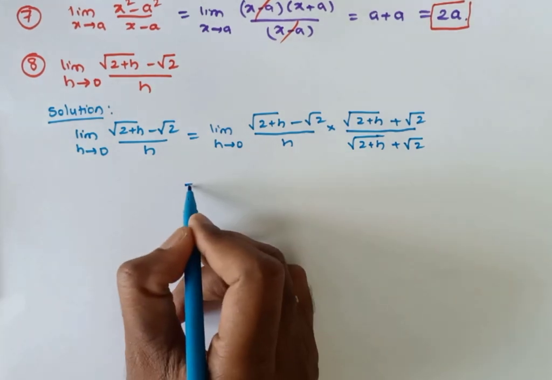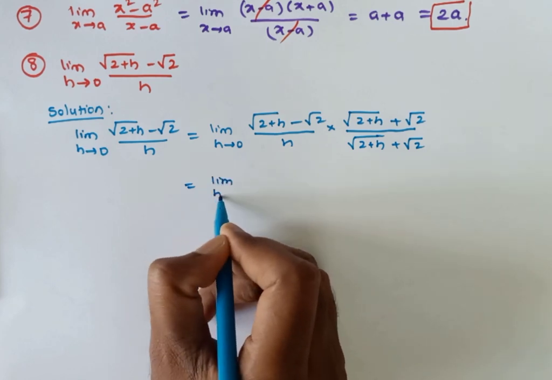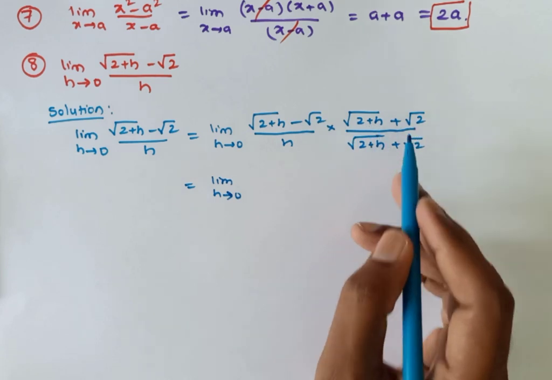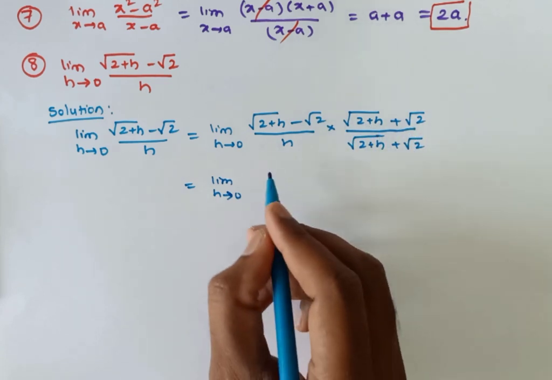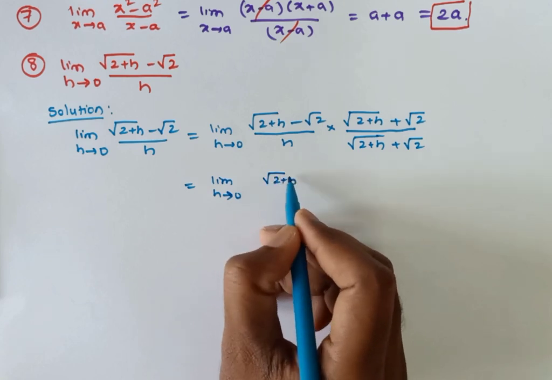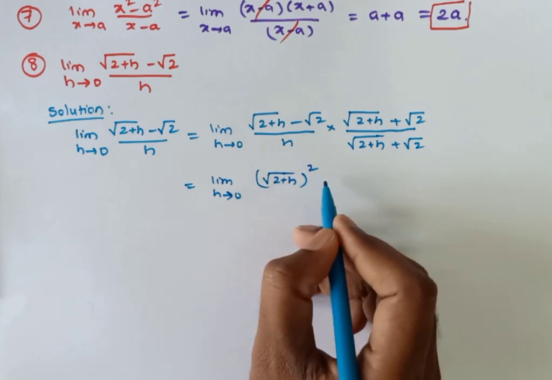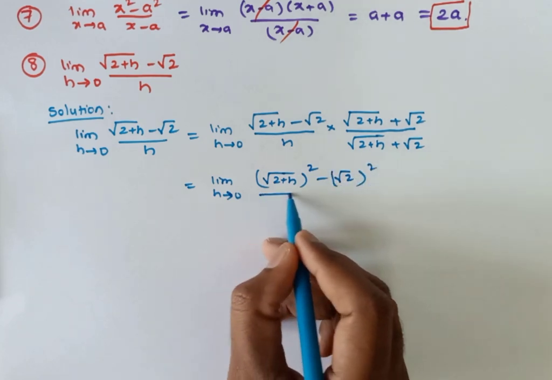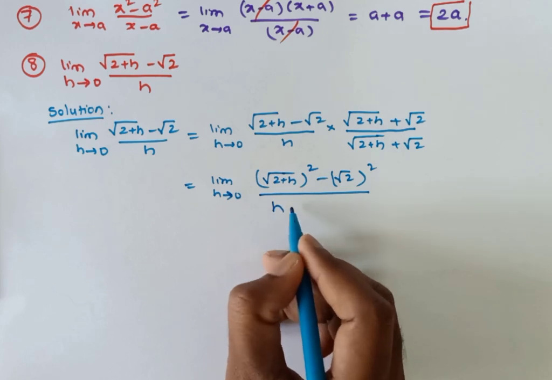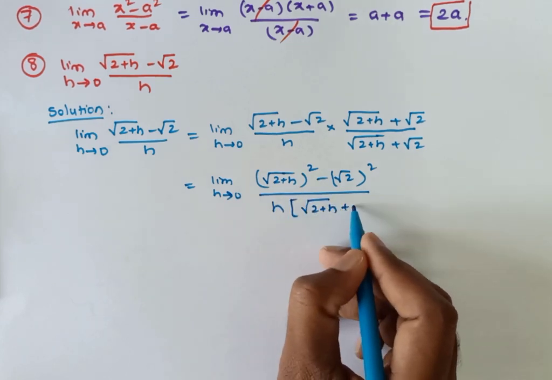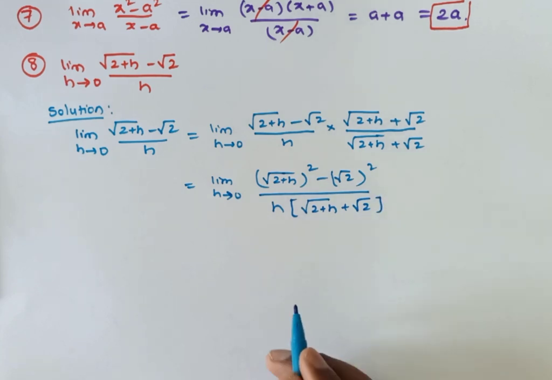Now this is limit h tends to 0. It is like (a minus b) into (a plus b), that is a square minus b square, right? So this is (root of 2 plus h) whole square minus (root 2) square, divided by h times (root of 2 plus h plus root 2).